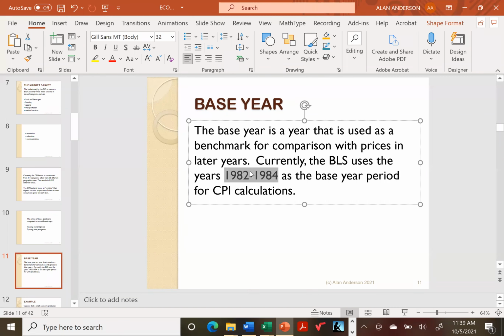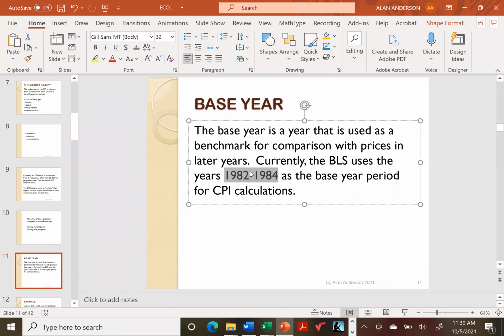But you can see that as we get further and further away from the base year, one of the real issues with the CPI is that the baskets themselves are not adjusted all that frequently, and they may not reflect our current spending patterns as well as they should. This is especially a problem with newly invented products that didn't exist when the basket was first created.